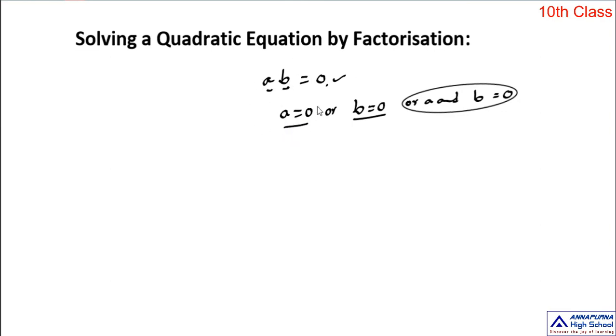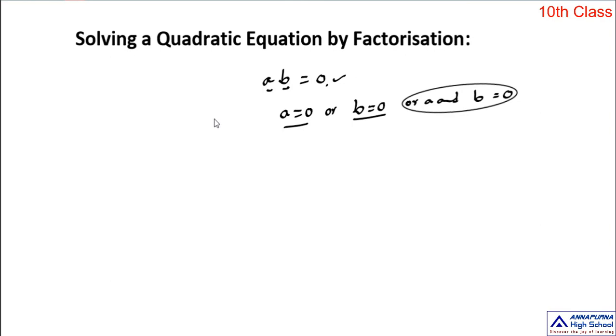So this point is most important for this factorization method. Why? Because to solve the given quadratic equation, we split the middle term to find the linear factors of the quadratic polynomial in the given quadratic equation.